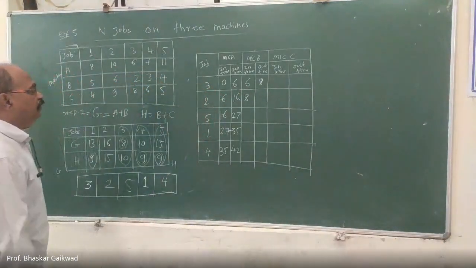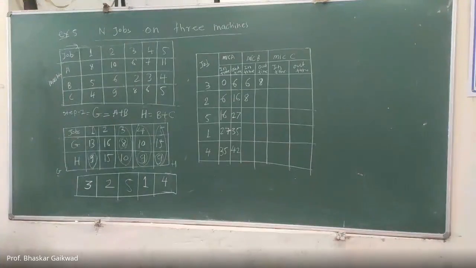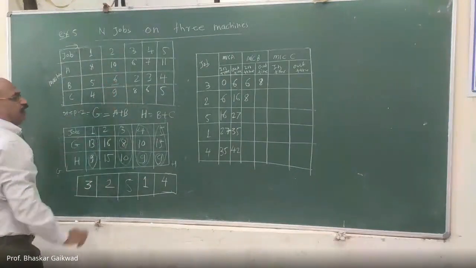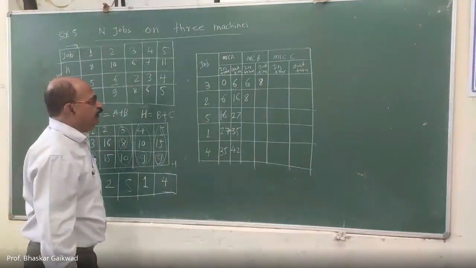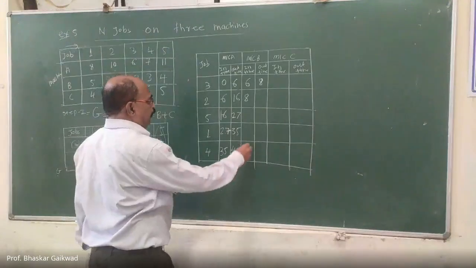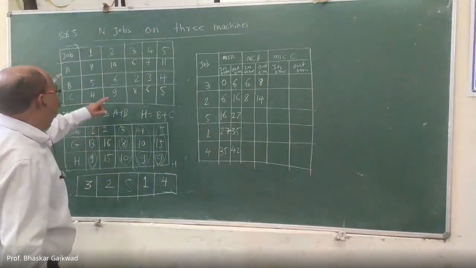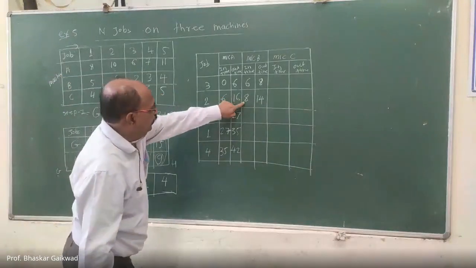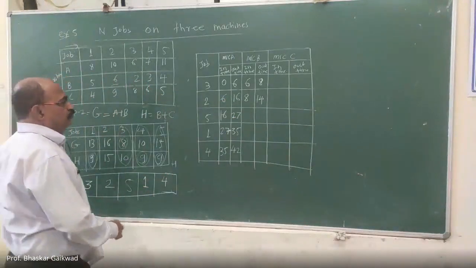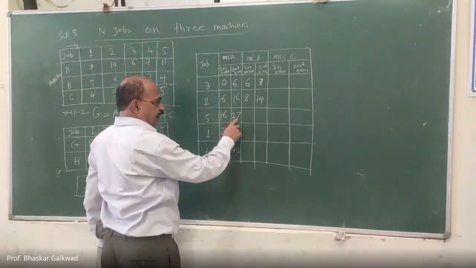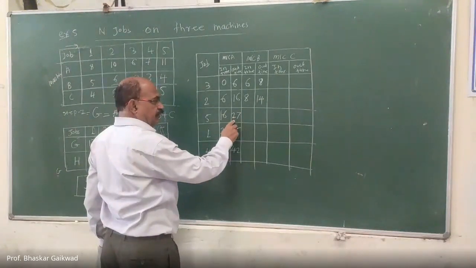Okay. Now here 8 is there. Now related to job 2 on machine B, processing time is 6. So 8 plus 6, 14. This is 6 and this is 8, 14. But here it is expected to be 14, but here it is 27. Correct?